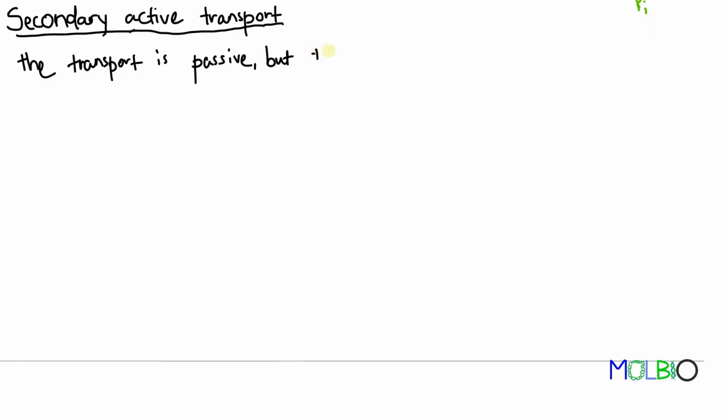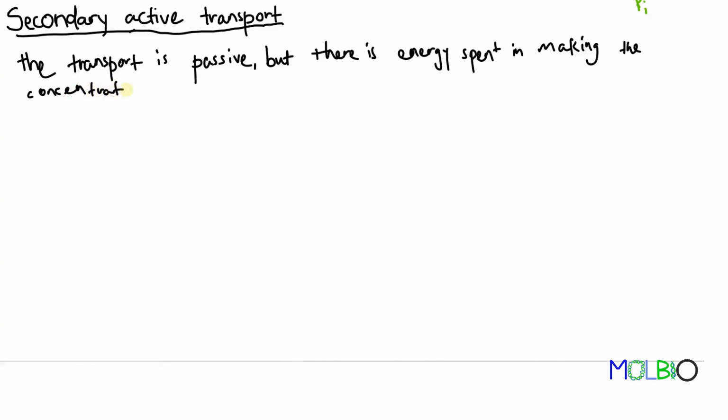So that makes the transport a passive one for the molecule in concern, but there is energy consumed for transporting the other molecule, which is to be maintained in a concentration gradient across the membrane. Now we'll look at some features of this and an example also.